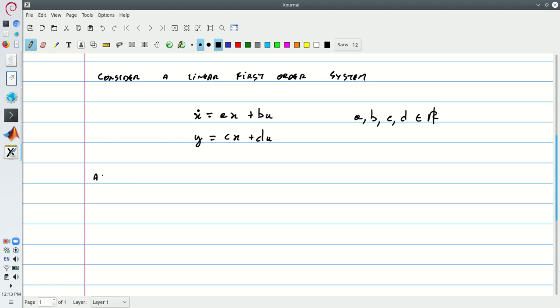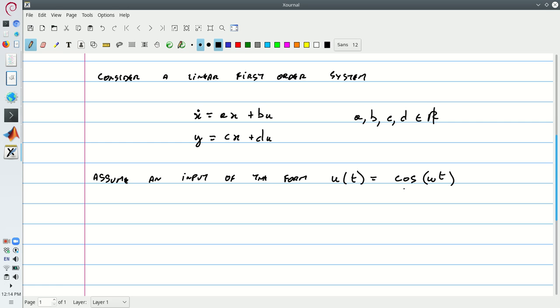And now assume an input of the form u of t equal to cosine of omega t. It's true, in our simulations we used sine, but cosine is going to make the computations just a little easier. So instead of using a sine, we'll use a cosine.